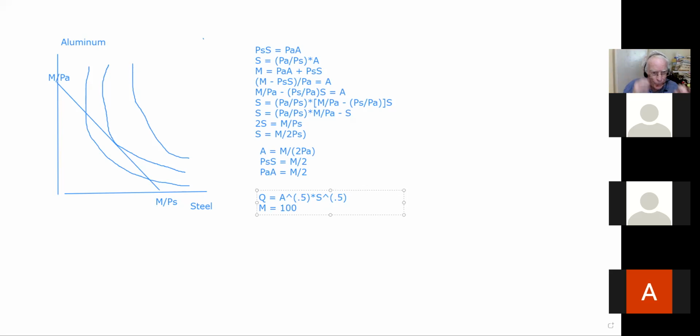M is 100, and the price of aluminum equals the price of steel of $1.